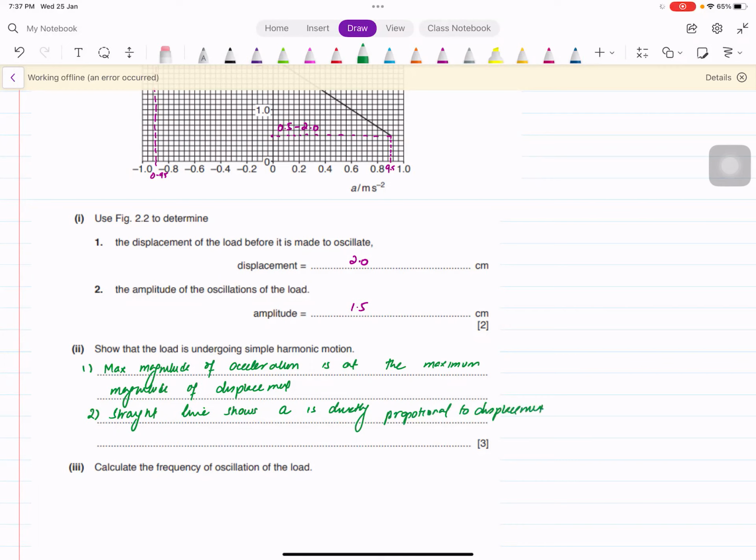Now, the third mark shows that the negative value of acceleration when displacement is positive shows both are in opposite directions. All right, is that clear, everyone? That's what you should do for 3 marks, basically.